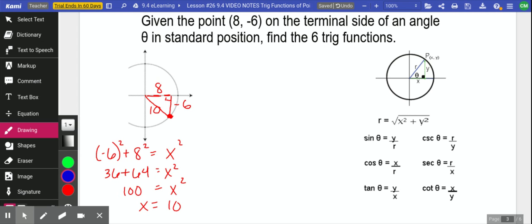Okay, so we have sine of theta is y over r. And so if you want, you can just write that x is 8, y is -6, and r is 10, and you can use these instead of SOHCAHTOA.